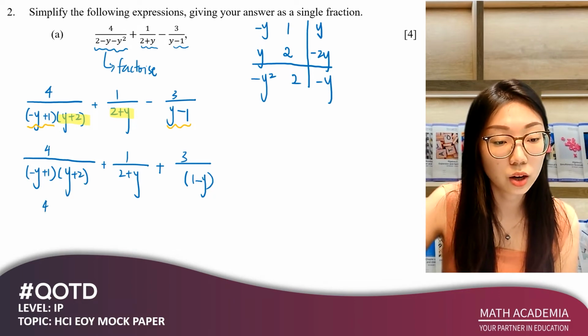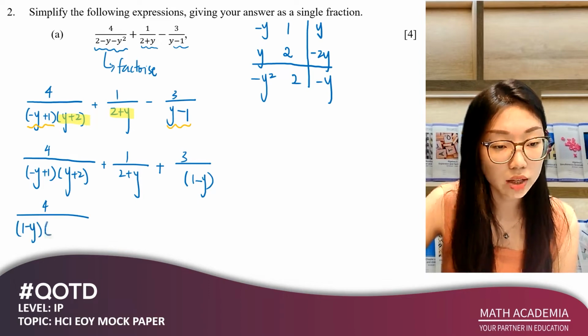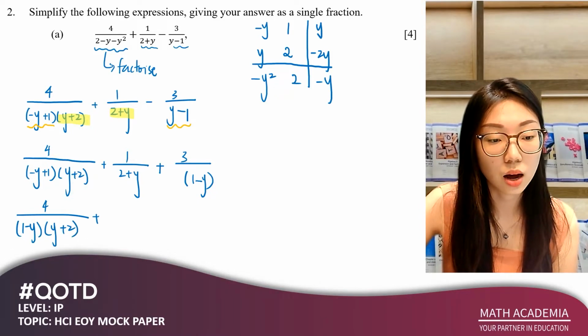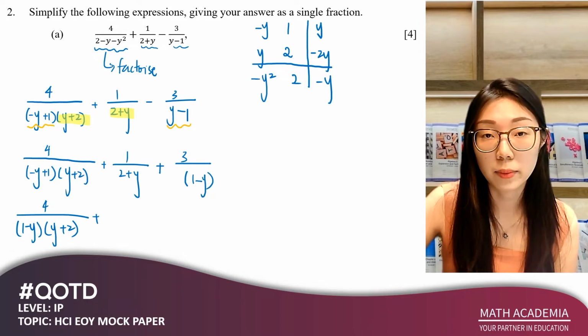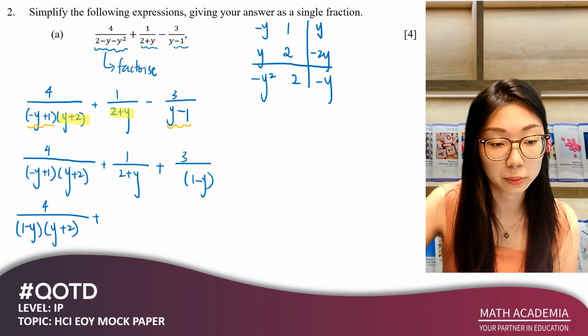So when I come up with a common denominator, the first expression already has the lowest common multiple. Okay, for my second expression, I need to multiply 1 minus y in my numerator and my denominator.